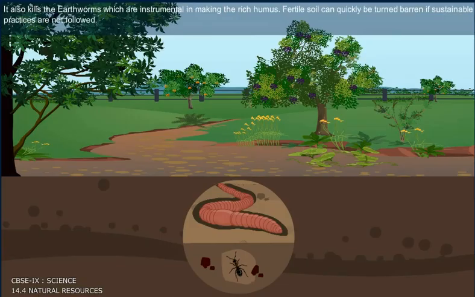It also kills the earthworms, which are instrumental in making the rich humus.